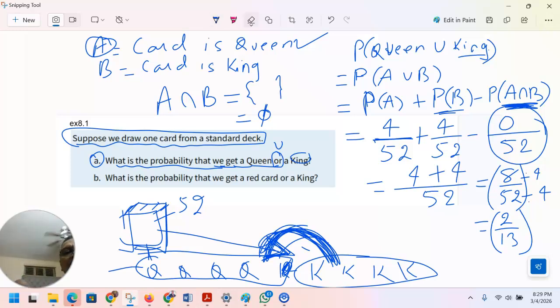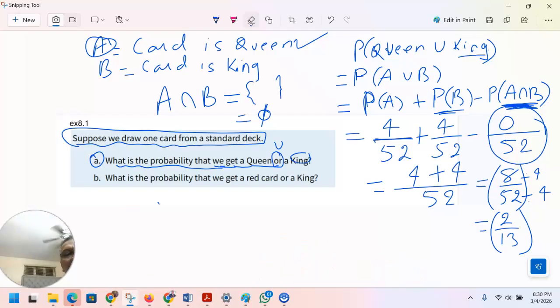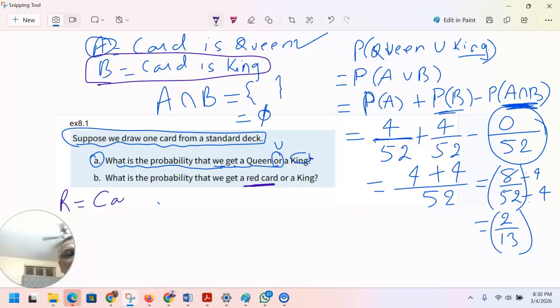The next question is asking what is the probability that we get a red card or a king card. So let's do that. Let's say R stands for the card is red.